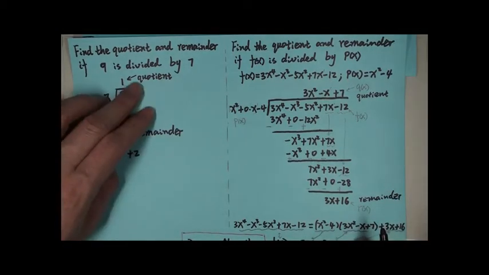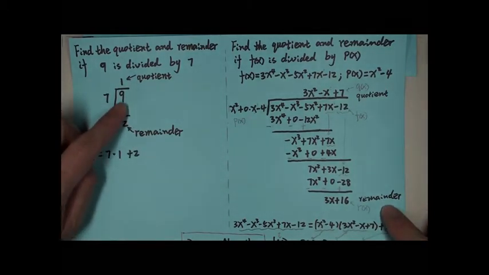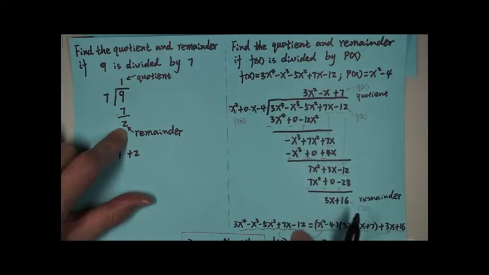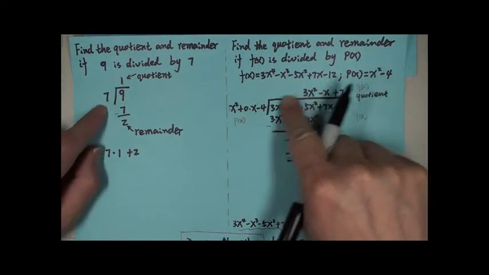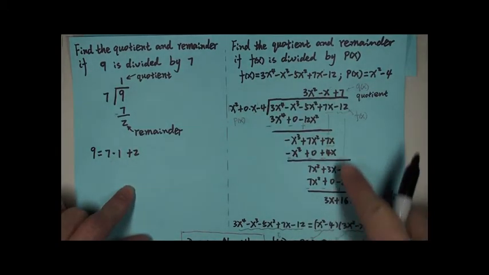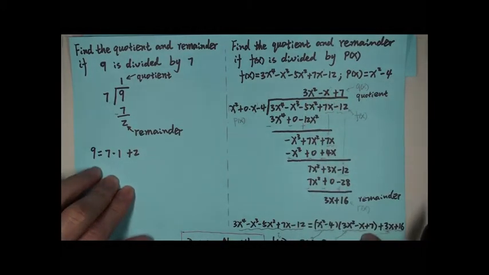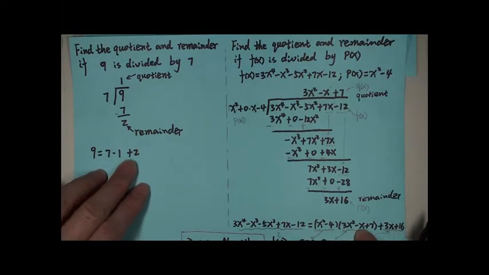It's like 9 equals 7 times 1 plus 2: the 7 times 1 becomes this expression times 3x squared minus x plus 7, plus the remainder.